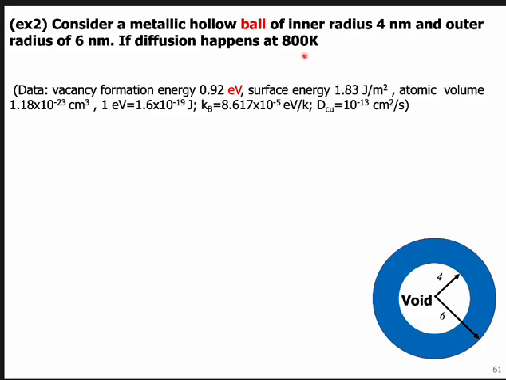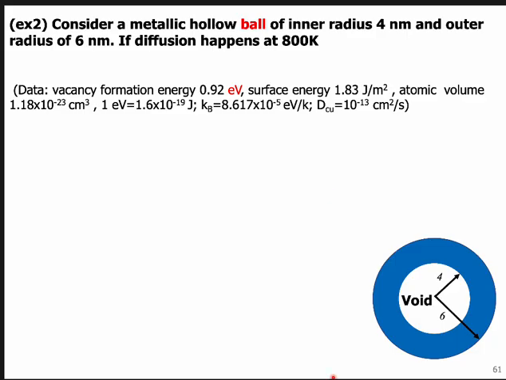So if I ask you what can you tell me about the diameter evolution after 4 hours or 6 hours at 800 K, what are you going to answer or how do you start to answer? In order to know how much the total volume of this hollow ball shrinks, probably you need to know the vacancy flux, right?